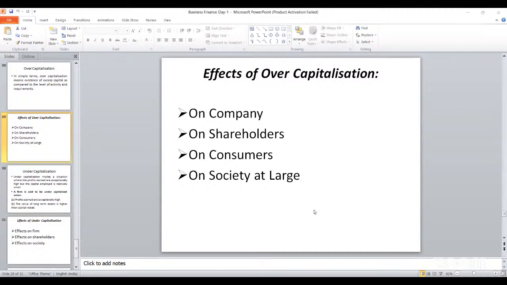Coming to shareholders, this is the worst affected class. The shares which are held against tangible assets, because of the reduced market value, become non-transferable. If there is no value of an asset, would you be able to sell it in the market?